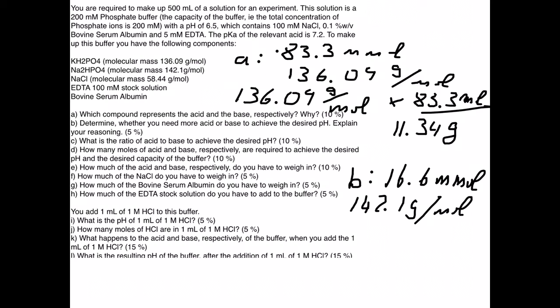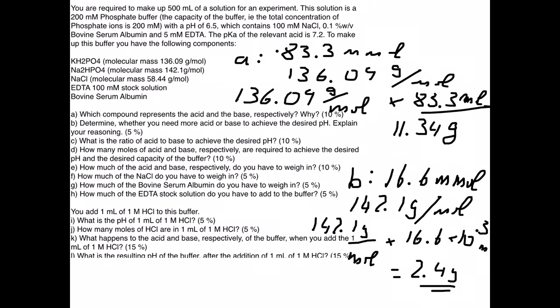So we get 142.1 gram per mole times 16.6 times 10 to the minus 3 mole, and that gives us 2.4 gram for the base.